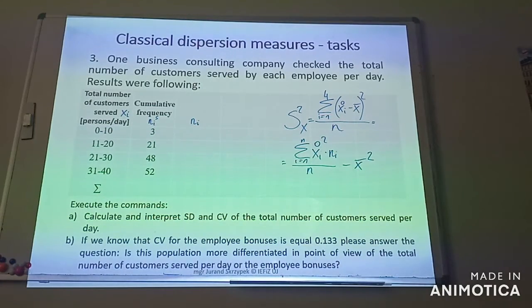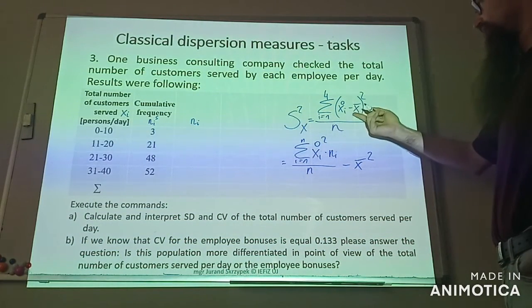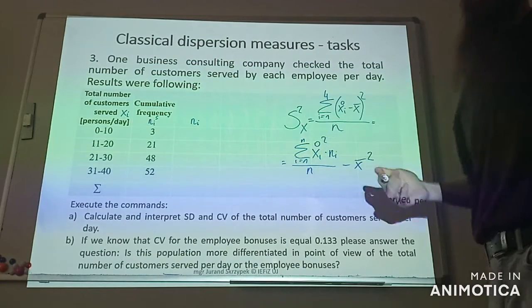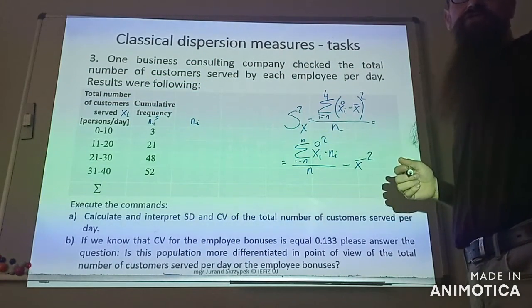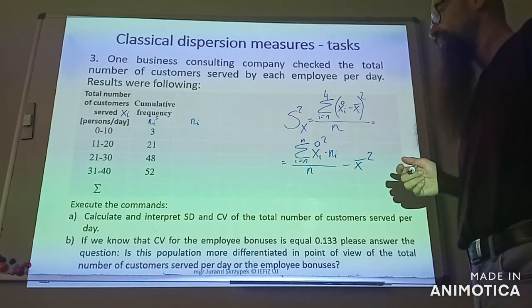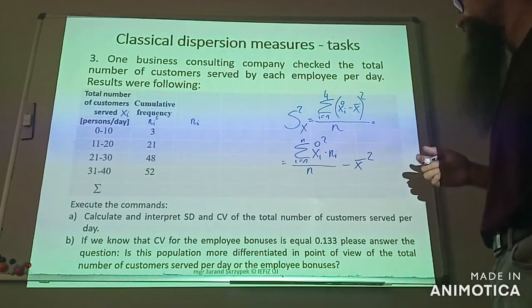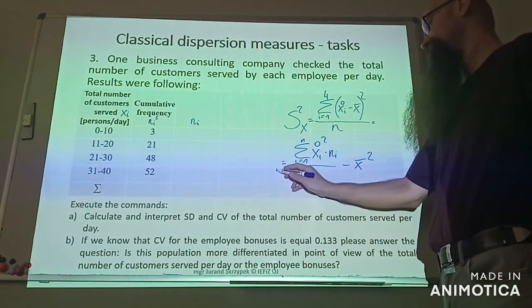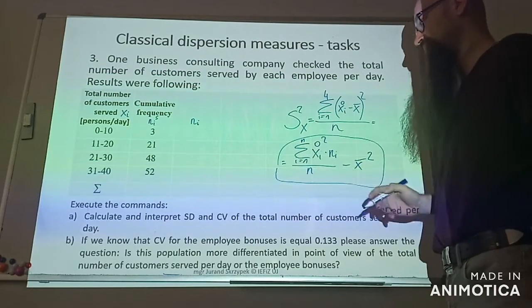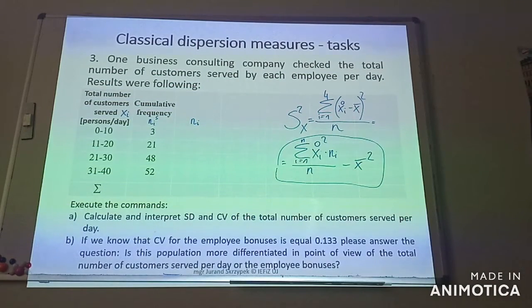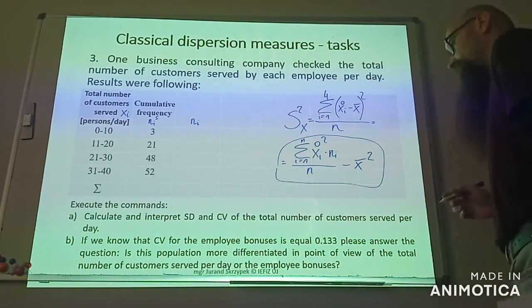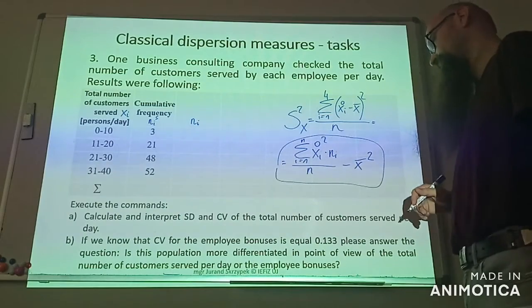This is the alternative formula for variance. Of course, I can use either version of the formula in the computation. The results will obviously be the same, but as I said before, in my opinion, this version of the formula is more convenient, more effective in the calculation, so I will use this version of the formula.